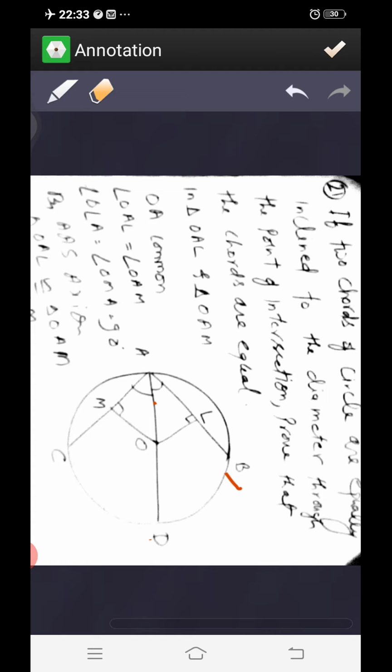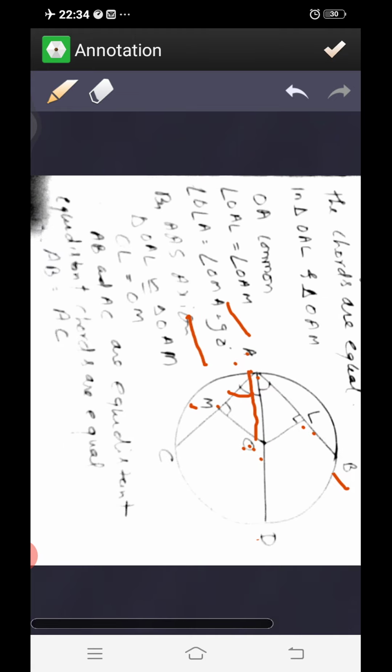Now you see OA is common. Angle OAM equals angle OAL. These two angles are equal. Then angle OLA equals angle OMA, both equal to 90 degree. So by the angle-angle-side axiom we can say triangle OAL is congruent to triangle OAM.